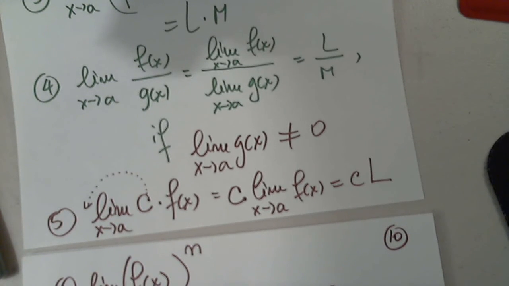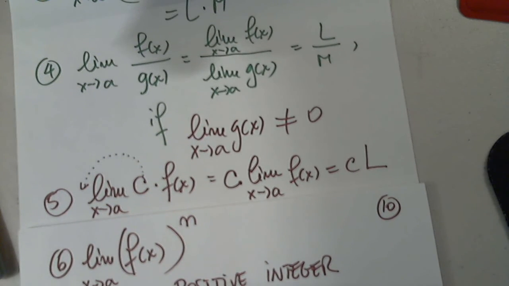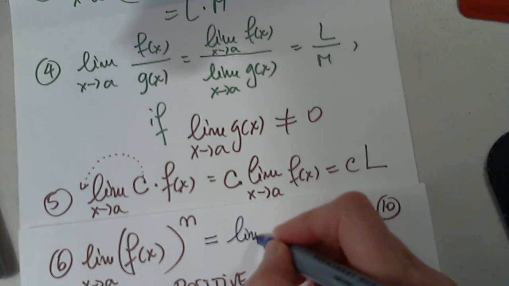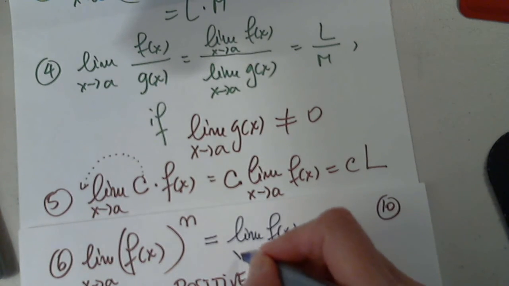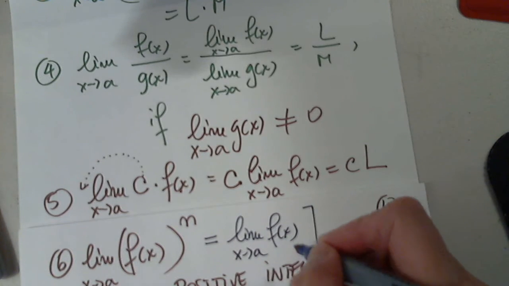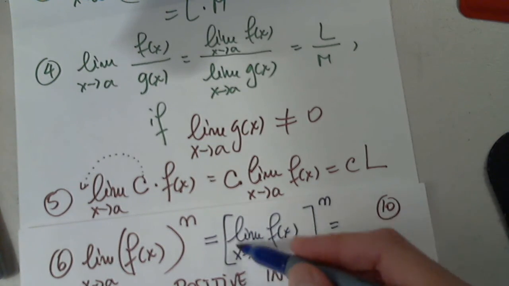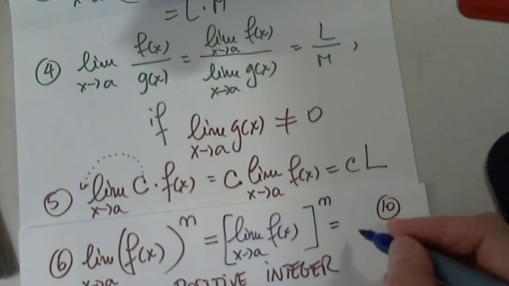I want to draw your attention to something here after you give me the answer. What do you think the answer is? L to the nth power. Excellent. So basically, this means the limit of f of x as x approaches a, raised to the nth power, and this is L raised to the nth power.